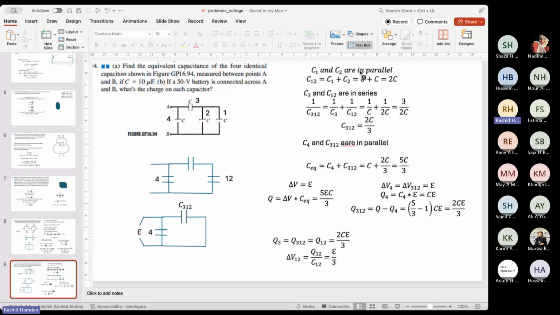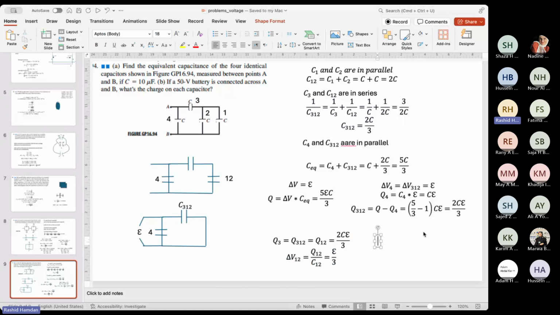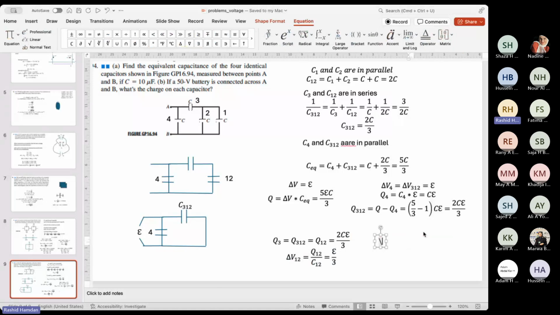Now I can find Q1 and Q2. First, it's the same voltage. So delta V1 is equal to delta V2 is equal to delta V12, which is equal to E over 3.